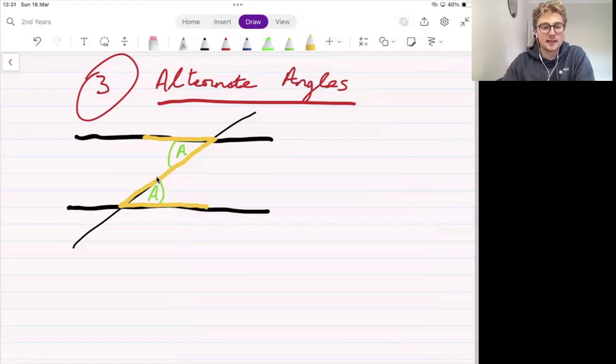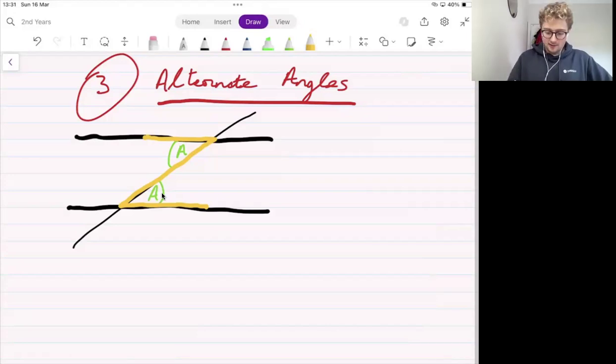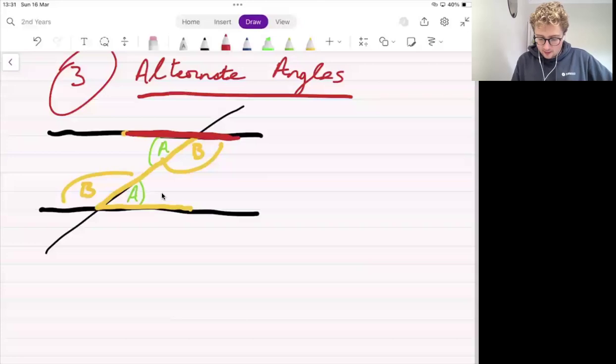and the angles inside the Z, those will be equal. Now, just a little note here. I'm saying the angles inside the Z are equal, but I could equally say the angles outside the Z are equal because if the angles A are equal and that whole fella is at 180 degrees, well then the angles B must be equal as well.